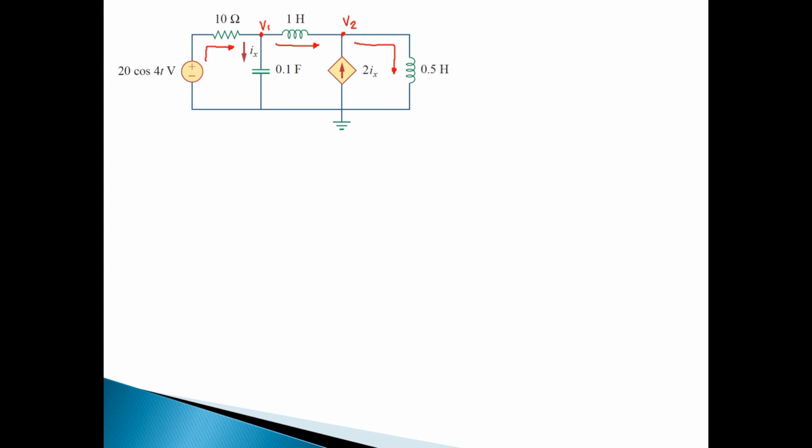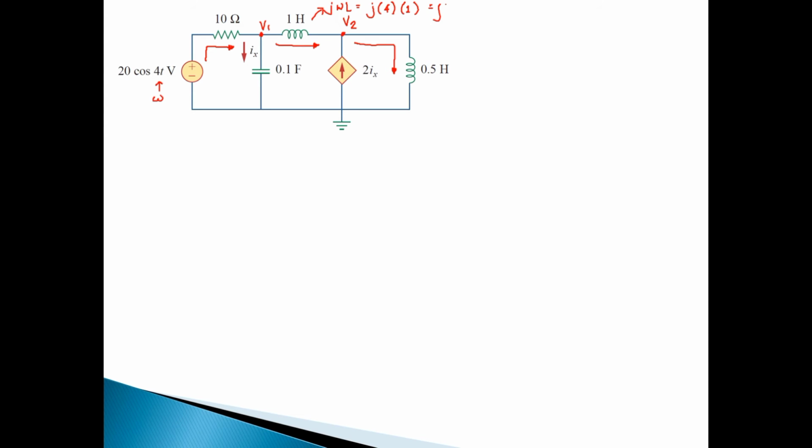Since our inductors and capacitor are not yet in reactance form, let us first get the reactances. The inductive reactance is j omega L. So j times our omega, the angular frequency given, which is 4, times L, which is 1.